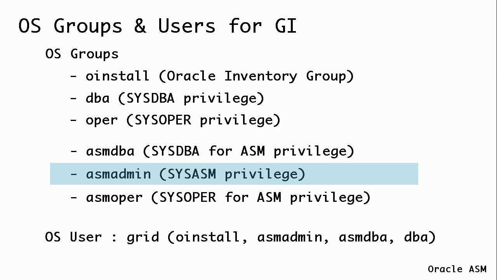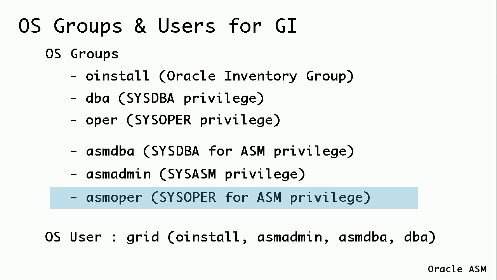Users in this group will get privileges to mount and dismount disk groups and related storage administration privileges. ASM OPA group will get sysopa privilege for ASM. Users in this group can start up and shut down ASM instances.